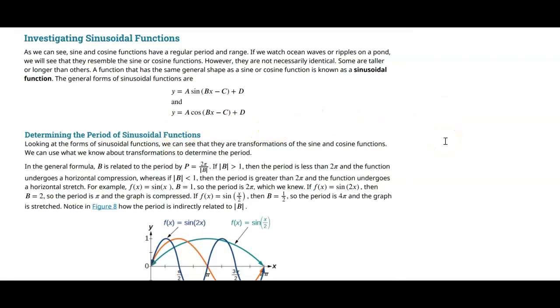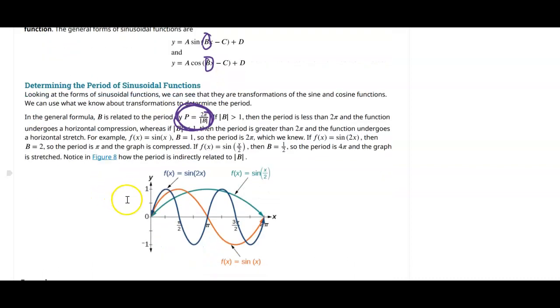You can do that by taking the b value, the number inside with your x, and then taking 2 pi and dividing it by that b value. If b is greater than 1, then the period would be less than 2 pi, and we're going to shrink the function horizontally. You can look at some graphs down here.